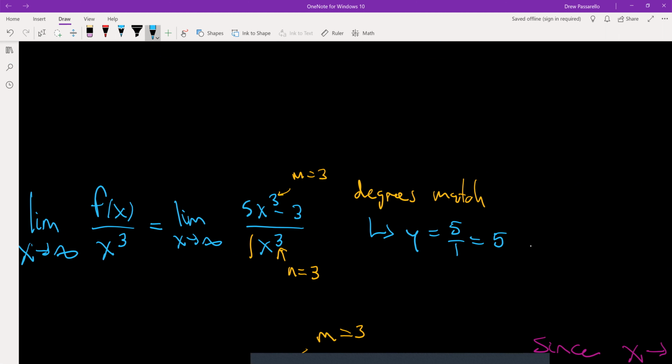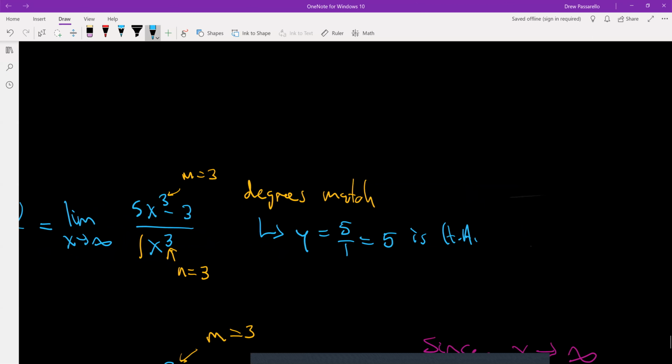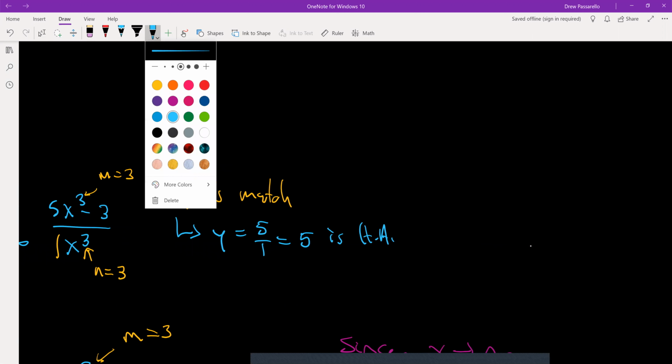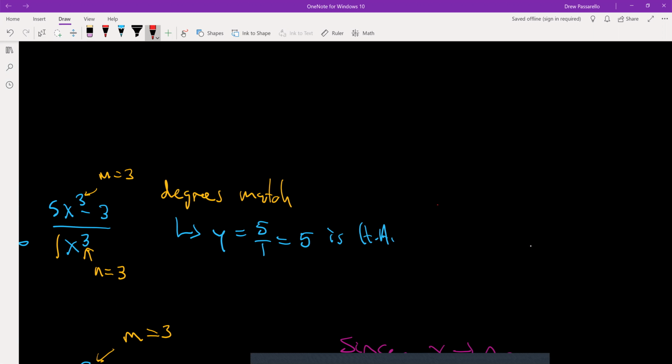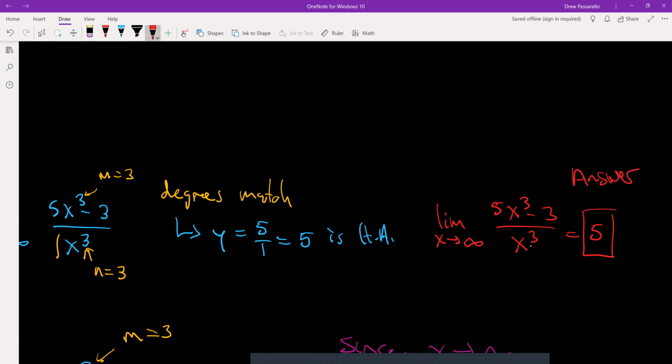So y equals 5 is the horizontal asymptote, which means the infinite limit's going to be 5. All right, that's the answer for part B.